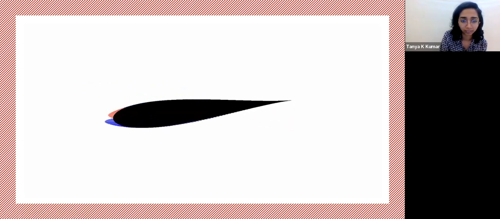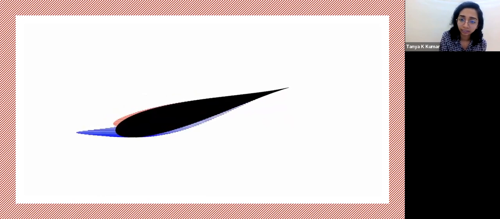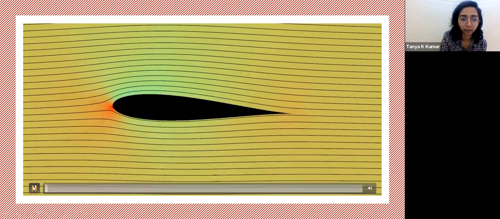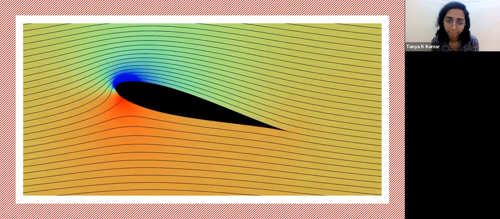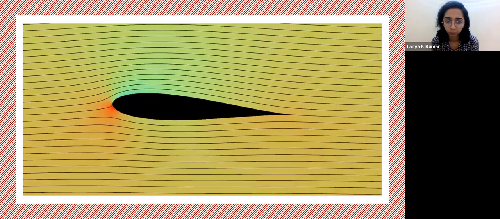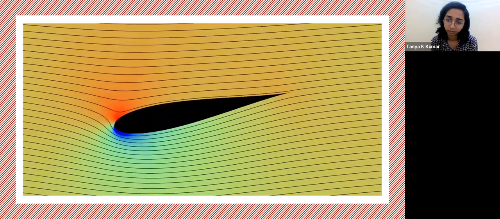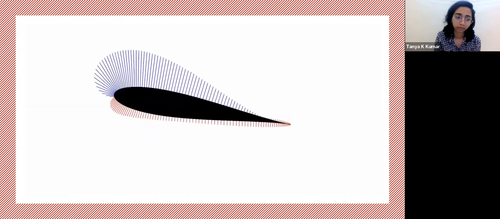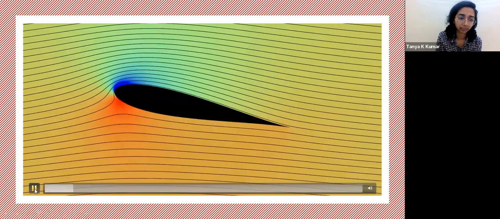Okay. So in the first simulation, throughout the simulation, there is a problem. Can someone tell me what is wrong? It's a beautiful simulation, but what is wrong? Maybe it is not showing the flow separation.